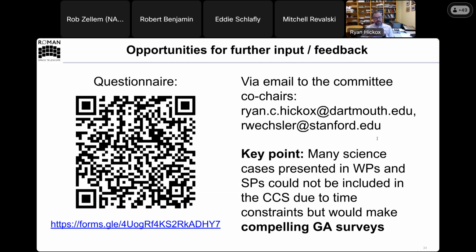So it gets more expensive per bit of exposure time the wider the area that you go. Looking at the overall portfolio of the things that we need to reach, it became clear that the whole sky is just not going to fit into the observing time that we've been given.